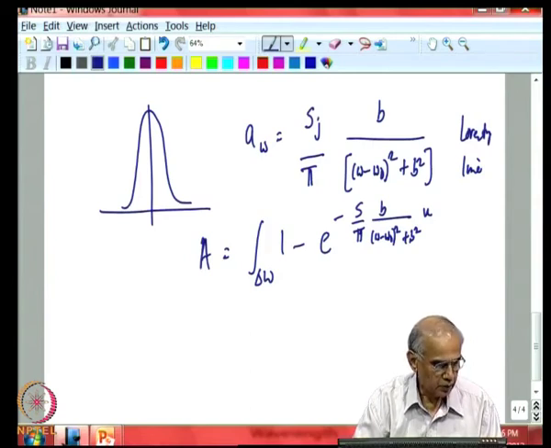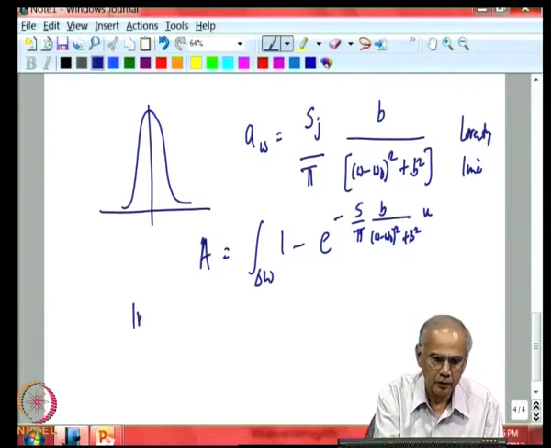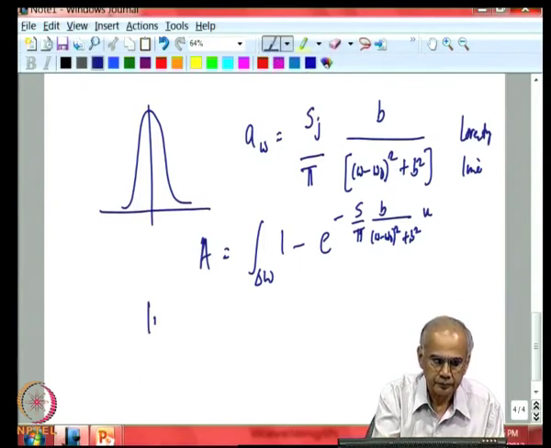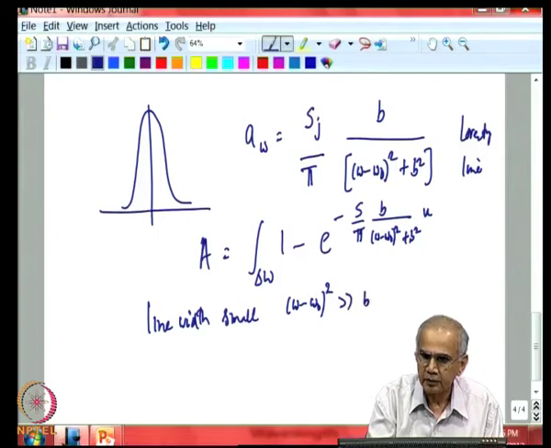Now, suppose the line width is very small. The line width of this line happens to be very, very small. That is, in most of your integration, we believe that this is much greater than b squared.